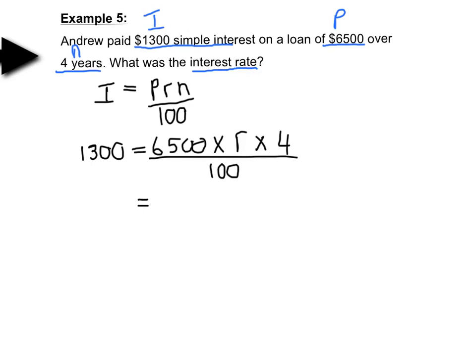I first simplify, so I multiply what I can. 6,500 times 4 divided by 100 is equal to 260 times R. Now to get the R on its own, I divide by 260 on both sides.